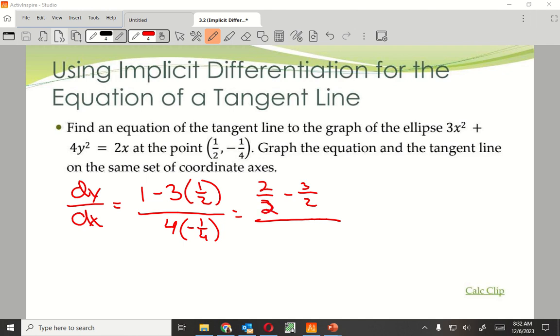And then minus 1, because those will cancel. So I did common denominator, so that's going to give me -1/2, right? Divided by -1. So -1/2 divided by -1 is going to give me positive 1/2.